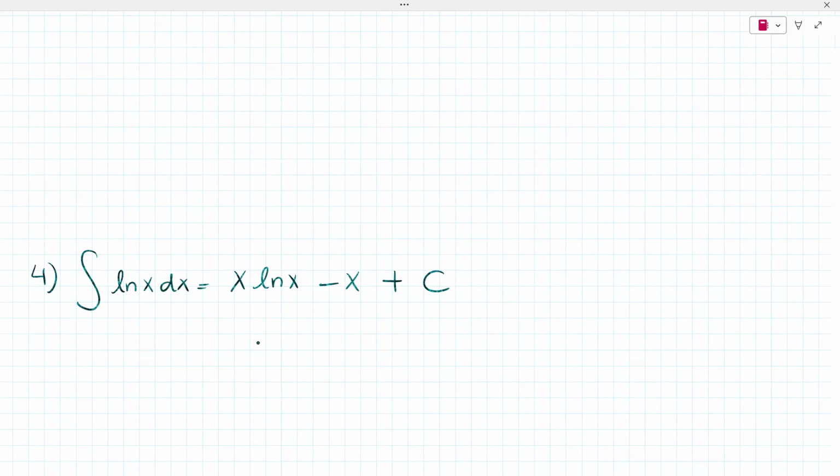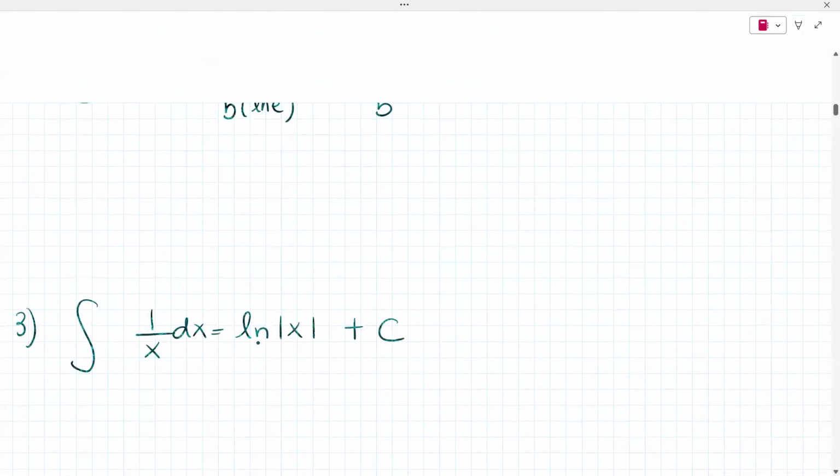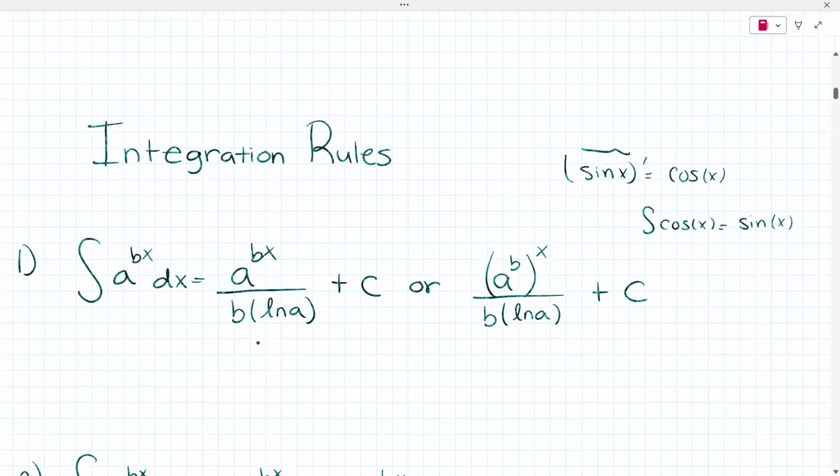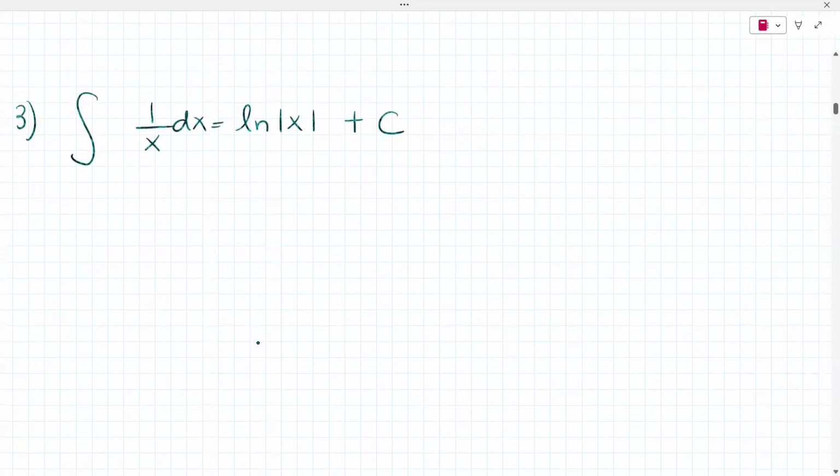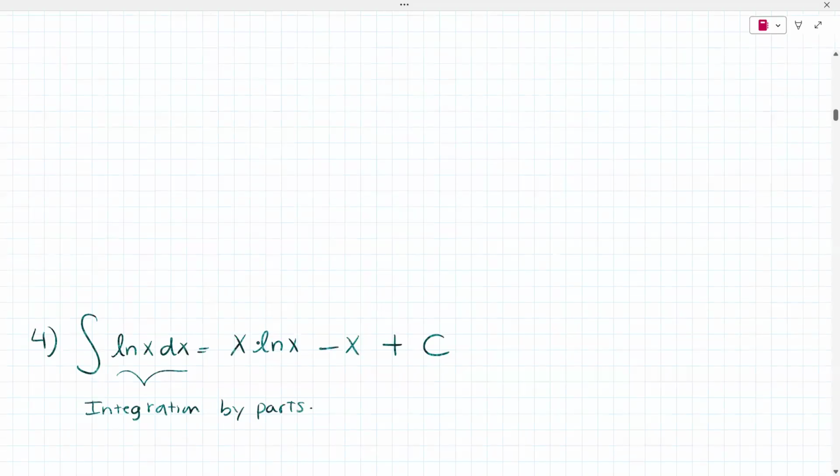And what they did was they took integration by parts. And you haven't learned that, but you will in the following videos. Okay, so go in and write these down. Do your integration rules, because we're going to need these rules to do some examples.